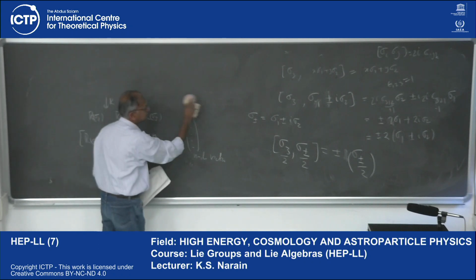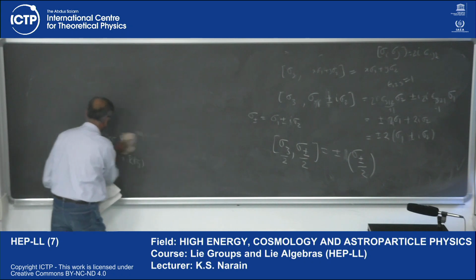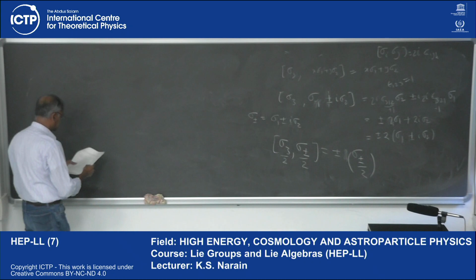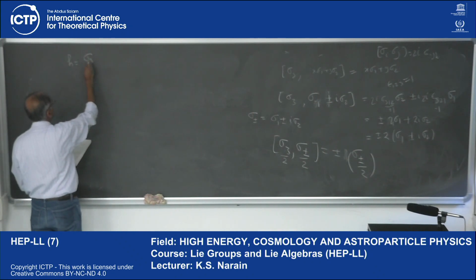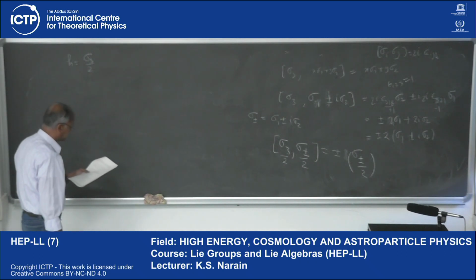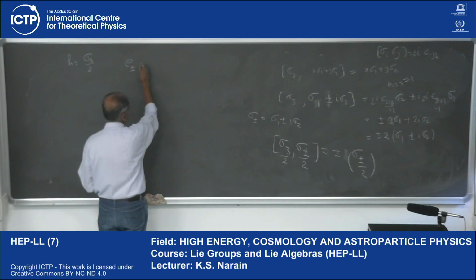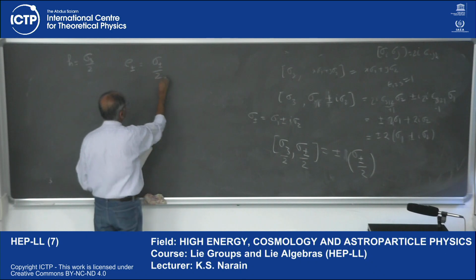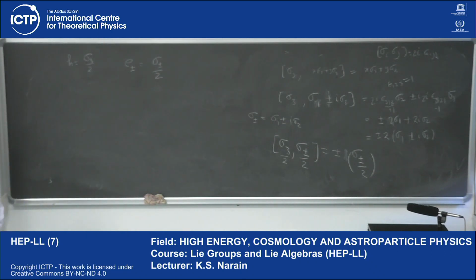It's not that anything is changing by going this way. But with this choice, we'll be able to construct all the representations. So the generators, I will call these generators H as sigma 3 by 2 and E plus minus. I will call this sigma plus minus by 2. That's just so as to compare it with the notation in the notes. That's why it was defined.